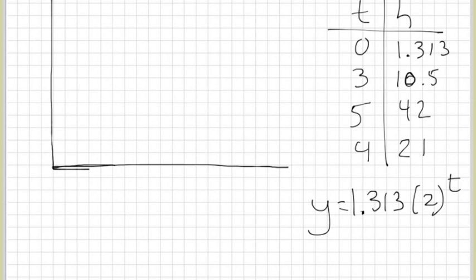Then we're going to want to go ahead and plot these out. I'm going to let each one on my x-axis be time in years, and I'm just going to count by 1s along here. And then our y-axis is going to be the hosts in millions. And if I need to get up to 42, I probably don't want to be counting by 1s.